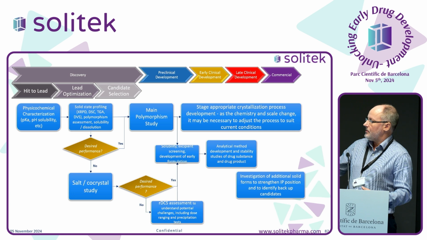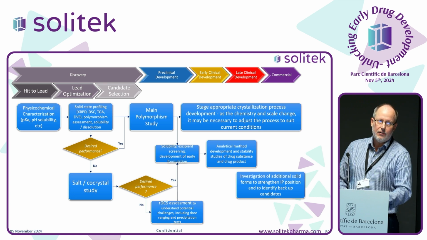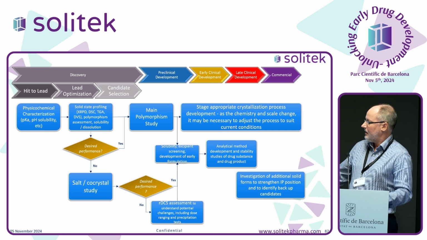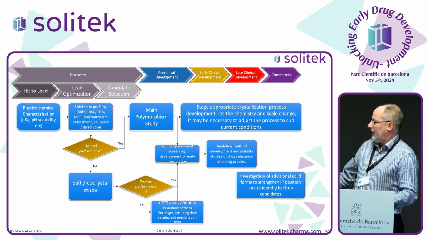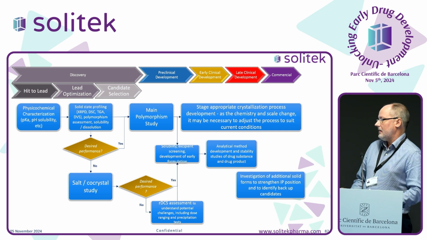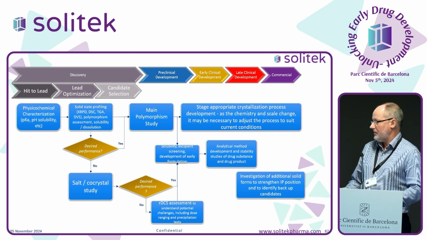If the performance isn't what we need for stability or solubility reasons, then maybe we're going to consider a salt or co-crystal study. Of course, once we've done the salt or co-crystal, we also have to consider polymorphs of those salts and co-crystals. Again, we'll make the decision, do we have the desired performance?